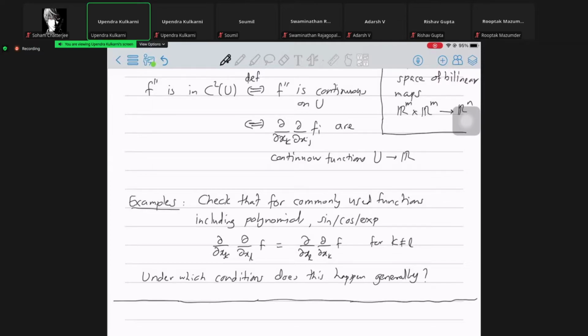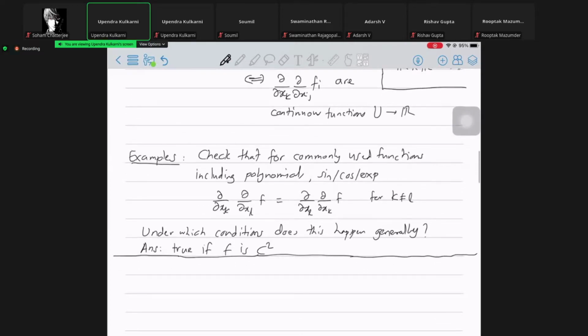One answer: it is true if f is C2. Again, remember what C2 means? That means on the entire open set, it is differentiable, the derivative is also differentiable, that is, the second derivative exists at each point, and the second derivative is a continuous function.